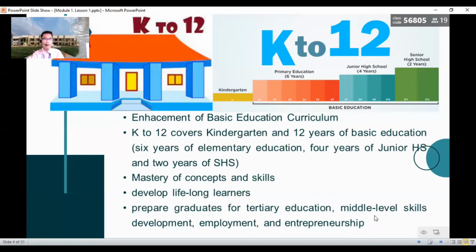Nag-agriculture kayo, nag-home economics kayo, kaya pwede na kayo magpa-assess. It only depends on the preparation of your teacher in TLE, if your teacher in TLE during your junior high school is willing to submit the students for assessment.